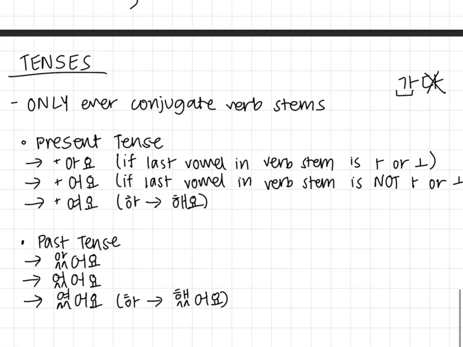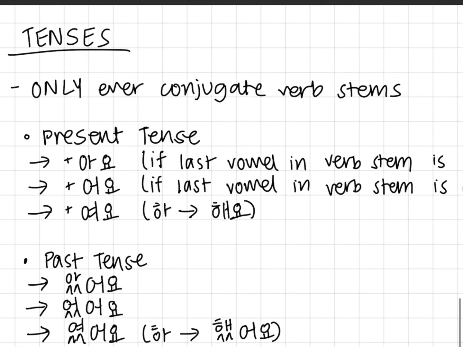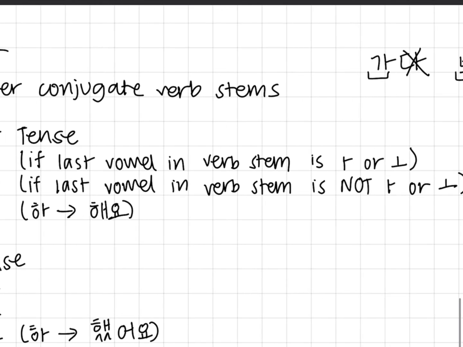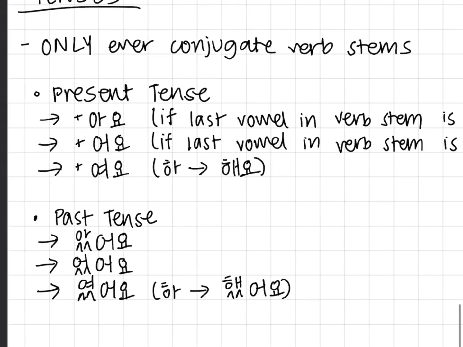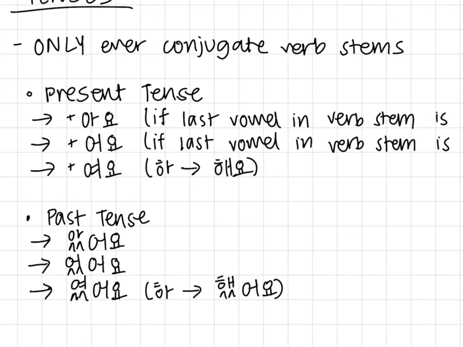So when you conjugate with present tense, you add 아요 if the last vowel in the verb stem is 아 or 오. If the last vowel in the verb stem is anything other than 아 or 오, then you add 어요. And you add 여요 only to the verb 하다. So the verb stem for that is 하, and because it's a special case, it actually becomes 해요.